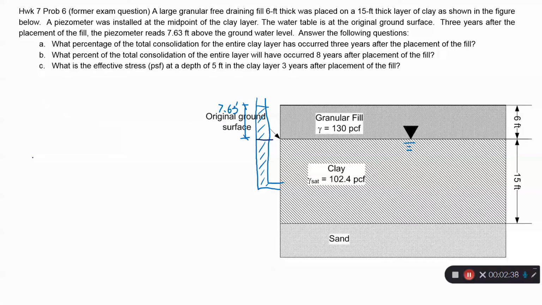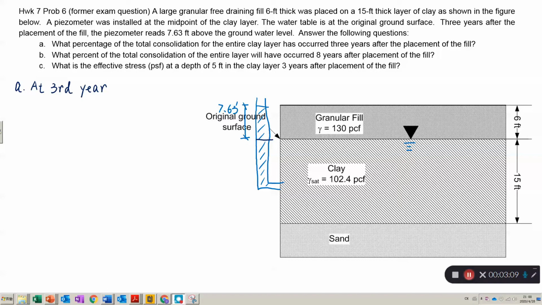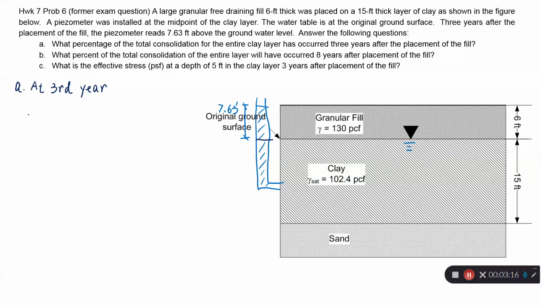So all that means, at 3 years, your excess pore water pressure head is 7.63. So it just gives you the u_e at z.